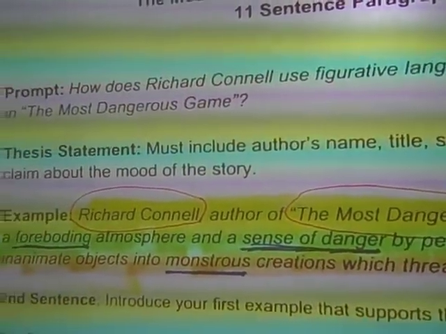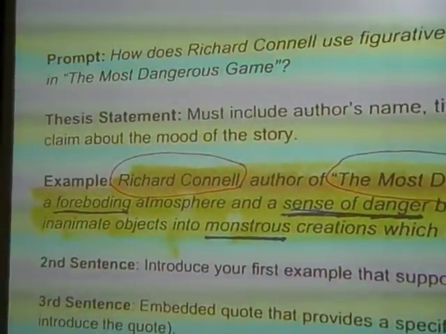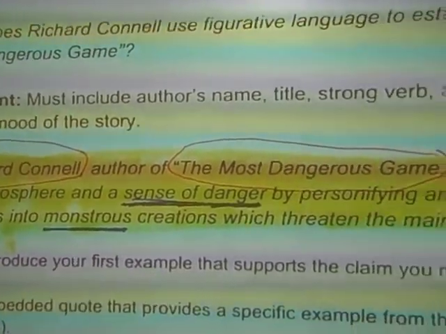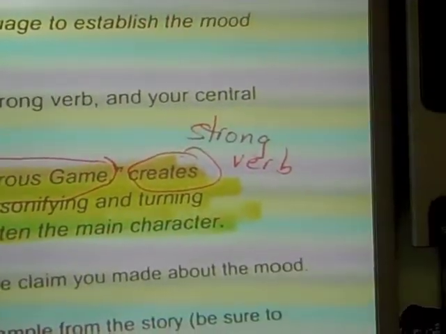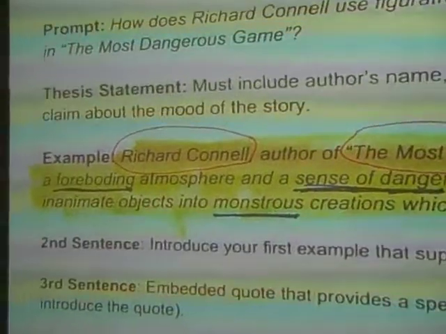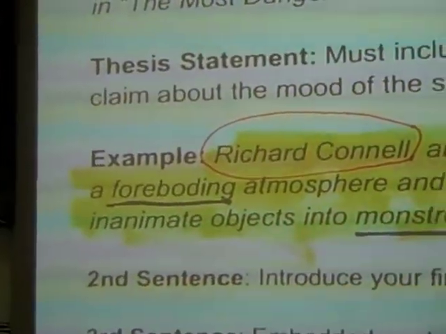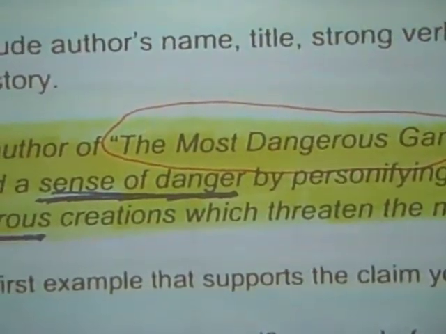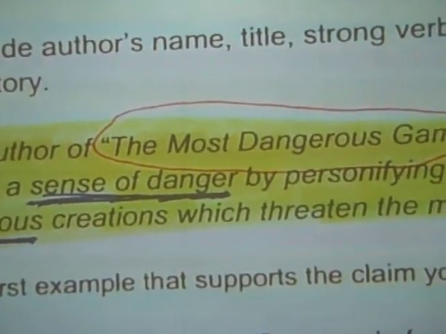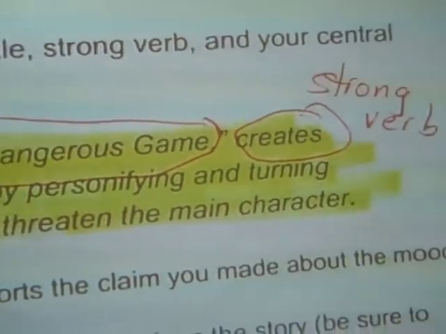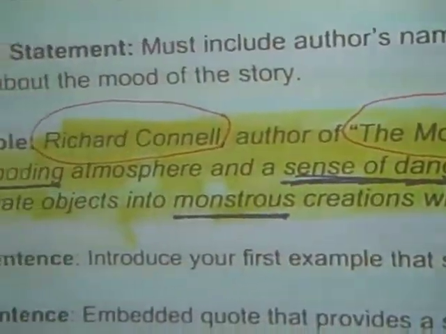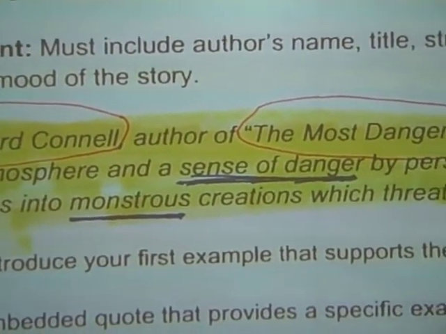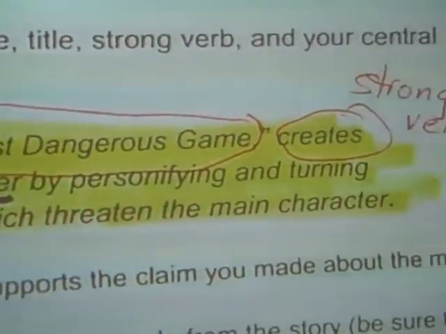of the story. We went over the thesis statement that I created, and I wrote, Richard Connell, author of The Most Dangerous Game, creates a foreboding, which is one of our mood words, foreboding atmosphere, and a sense of danger, and some of you use danger as a mood word, by personifying and turning inanimate objects into monstrous, another one of your mood words, creations which threaten the main character.